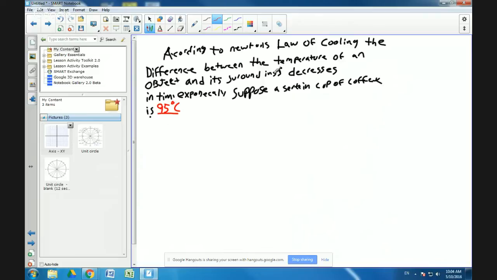which matches up right here in Newton's law. And is in a room that is 20 degrees Celsius.